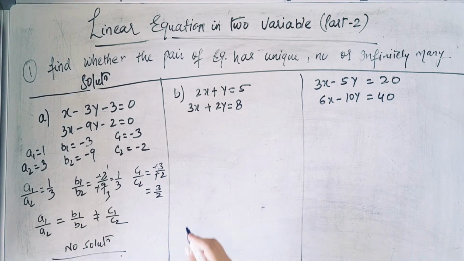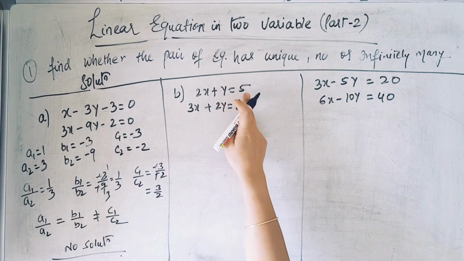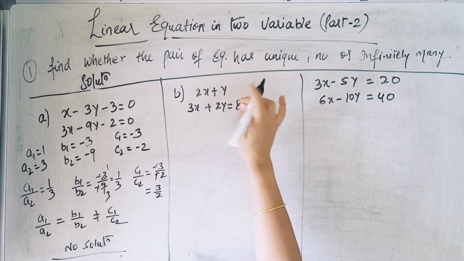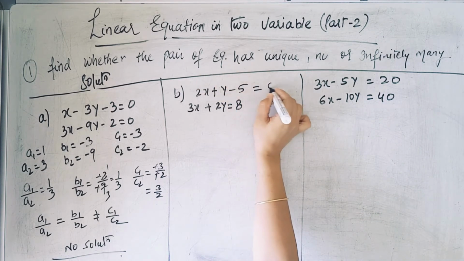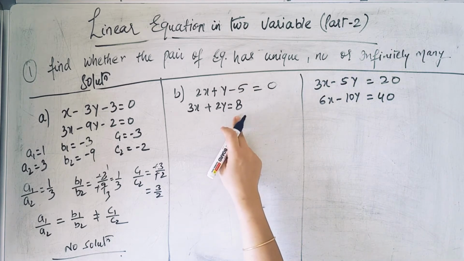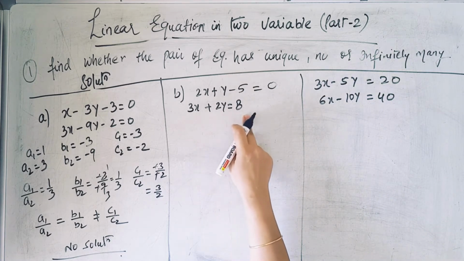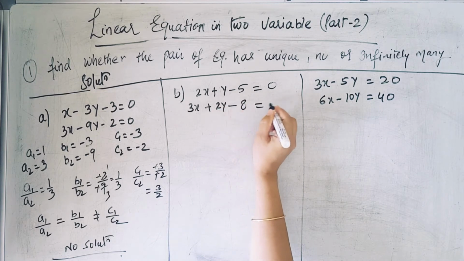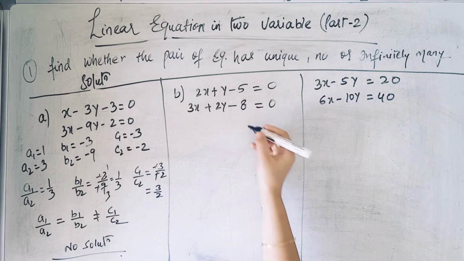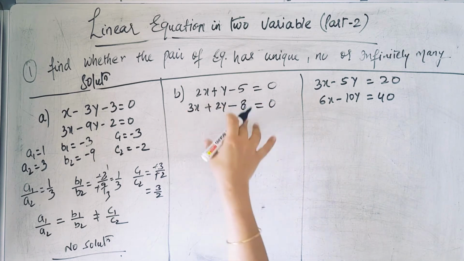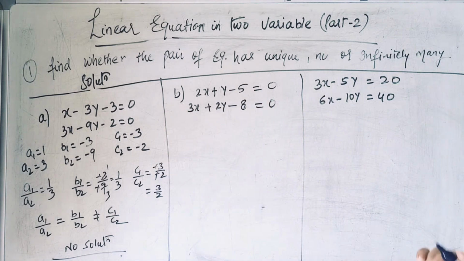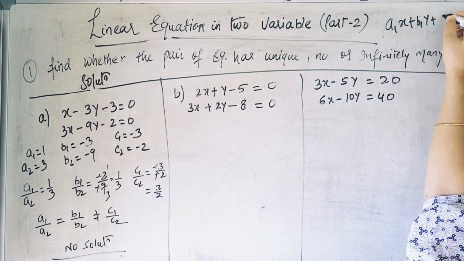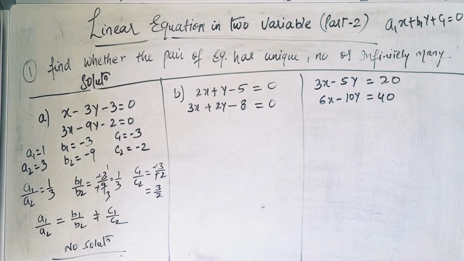Similarly, for the next equation, you will see here equals 5 is given. We'll shift this 5 over to that side, so we'll get minus 5 equals 0. Similarly, over here 3x plus 2y equals 8, so we'll shift 8 to this side, minus 8 equals 0. We have to frame this question in the form of the equation a1x plus b1y plus c1 equals 0.